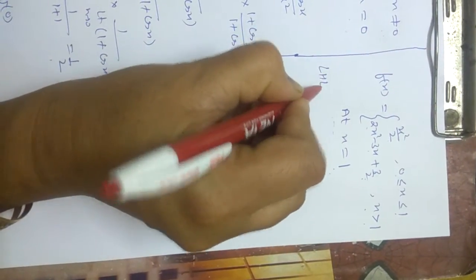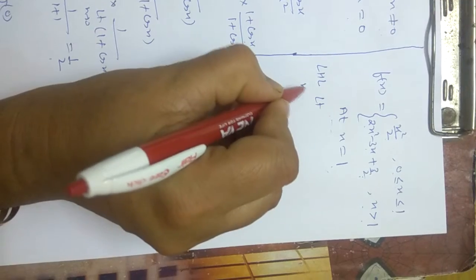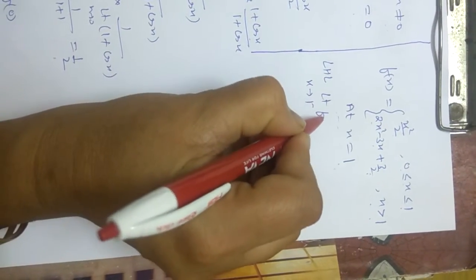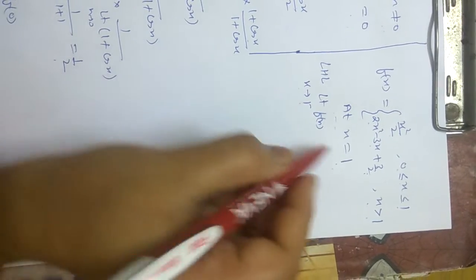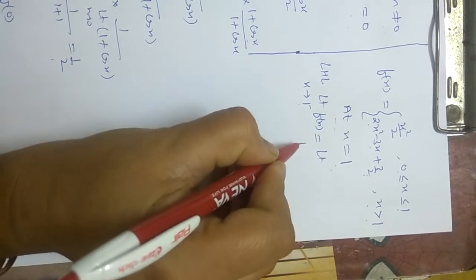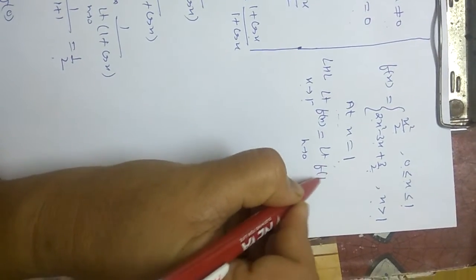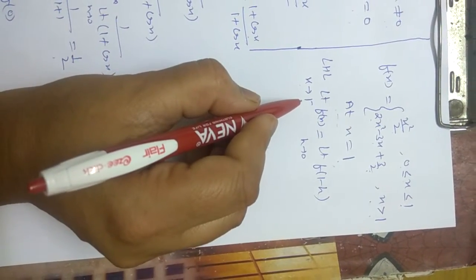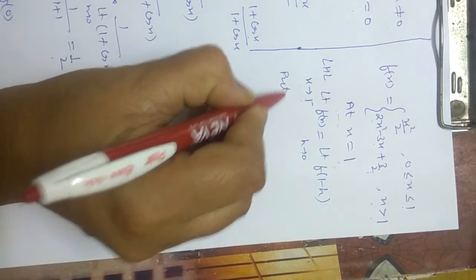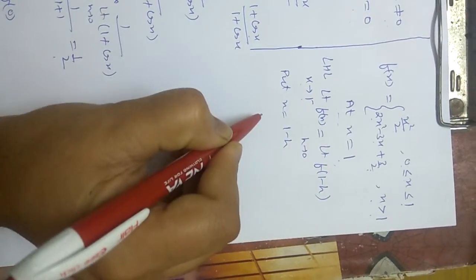For the left hand limit, you have limit x tends to 1 negative f(x). For limit x tends to 1 negative, you have to put limit h tends to 0 f(1 minus h). Because for left hand limit, we have to put x is equal to 1 minus h.